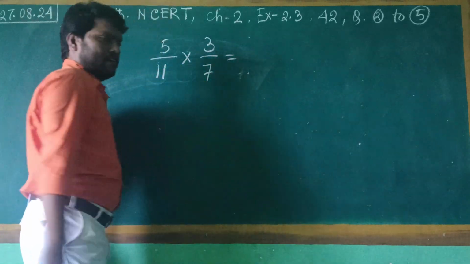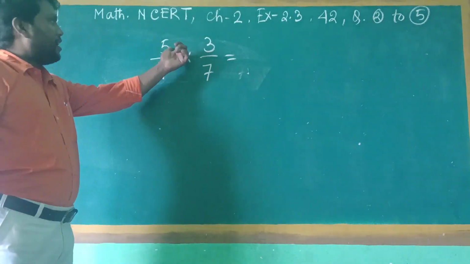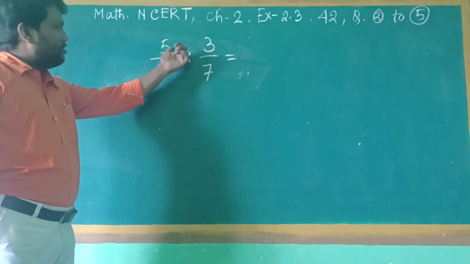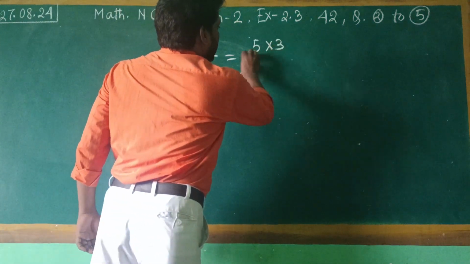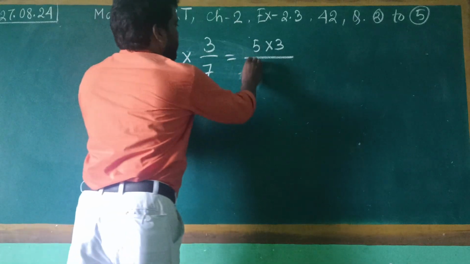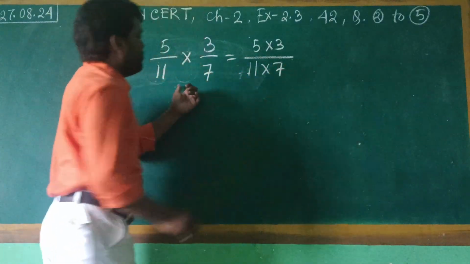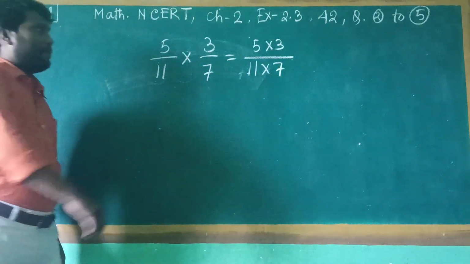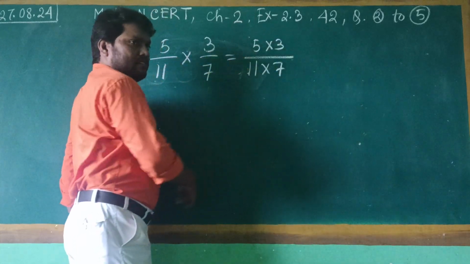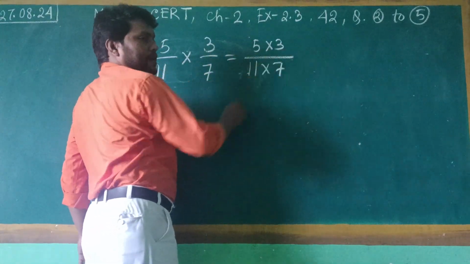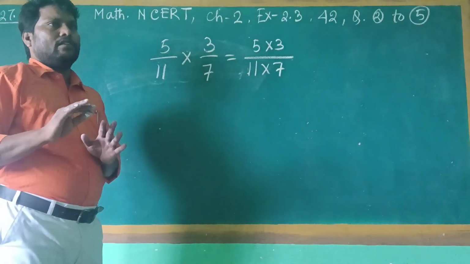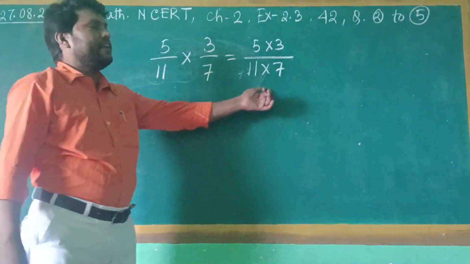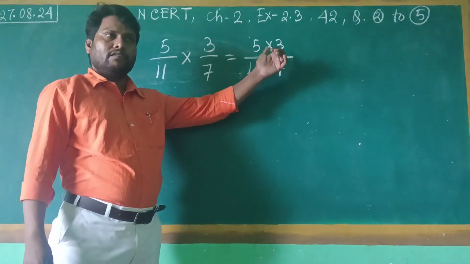Now what is the actual procedure? Multiply numerator with numerator, so 5 into 3, then 11 into 7, denominator with denominator. After multiplying, if there is any common factor, you can reduce.